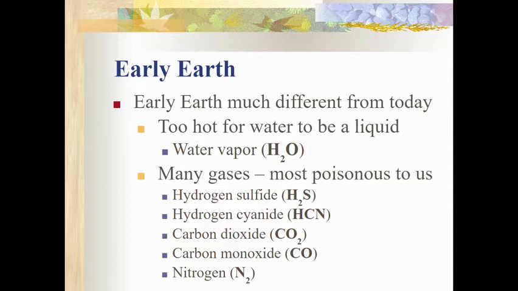Things like hydrogen sulfide, hydrogen cyanide, carbon dioxide, carbon monoxide, nitrogen. Most of those gases are poisonous to us. So Earth would have been a much hotter, more hostile place based on what was in the atmosphere.